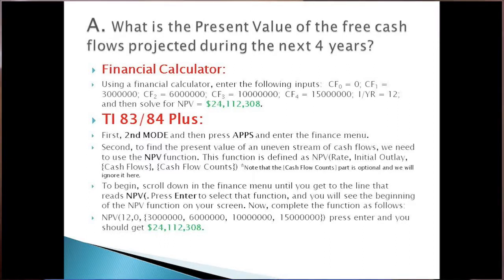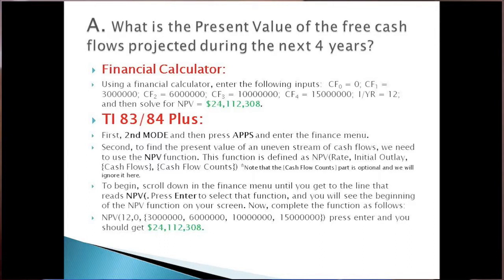And for now, you're not going to need to use the cash flow counts because it's not going to be necessary in this. So you're going to click 7, and you're going to plug in 12 as your rate, which is the WACC, and you're going to push comma, and you're going to push 0 as your initial outlay, because we're not given that. Then you're going to go to second bracket, which is the symbol above the number 8.